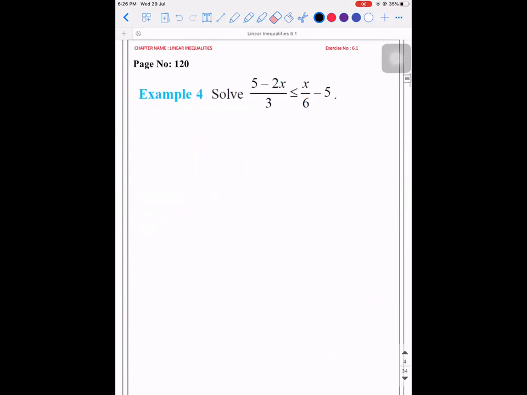See, solve 5 minus 2x by 3 is less than or equal to x minus 6 divided by 5. So the solution is 5 by 3 minus 2x by 3 is less than or equal to x by 6 minus 5. So what can I do? Subtract 5 by 3 on both sides.